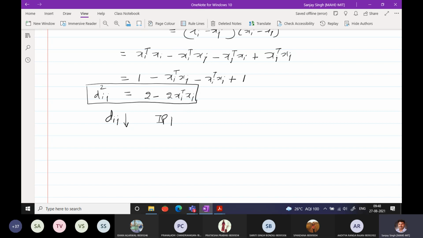So the inner product has to be maximal, because you want this to be minimal. Minimal means this subtraction should be maximum, so that the overall value comes out to be lesser, and vice versa. So I can say that minimization of Euclidean distance corresponds to maximization of the inner product. Okay, this relation you understand.